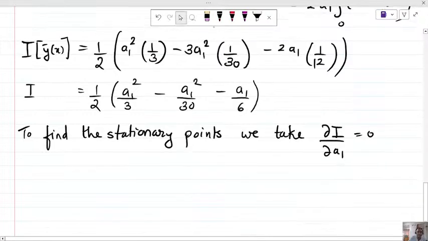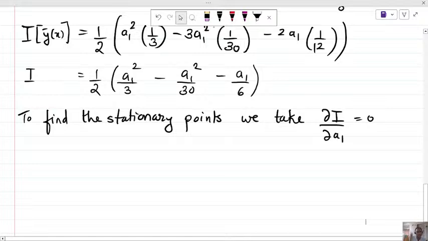When 3a1 square, here it is going to be 30, here it is 10.